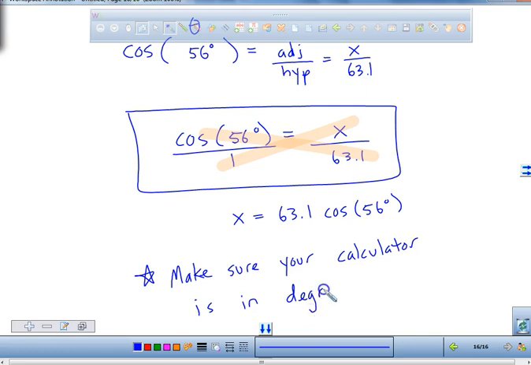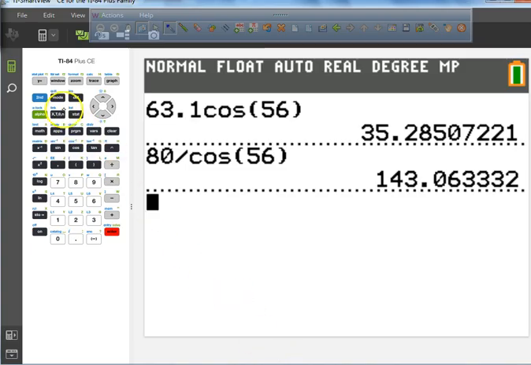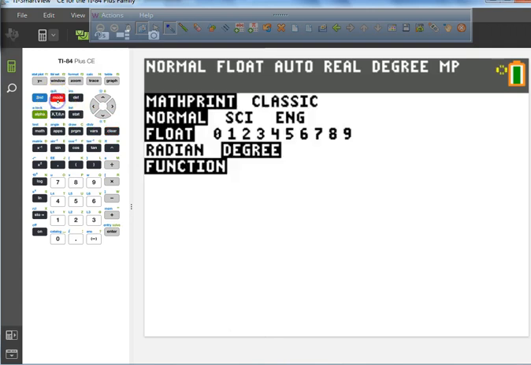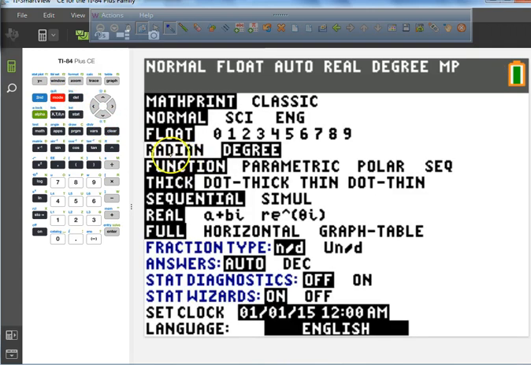That's right, degree mode. So let's say you're just nodding off, you're not really paying attention right now. You might keep your calculator in radian mode, which will totally mess up your answer. So right now, go to your calculator. You hit the mode button right there. See where it says mode? If it's in radian mode, you better switch it to degree mode before you solve this problem.